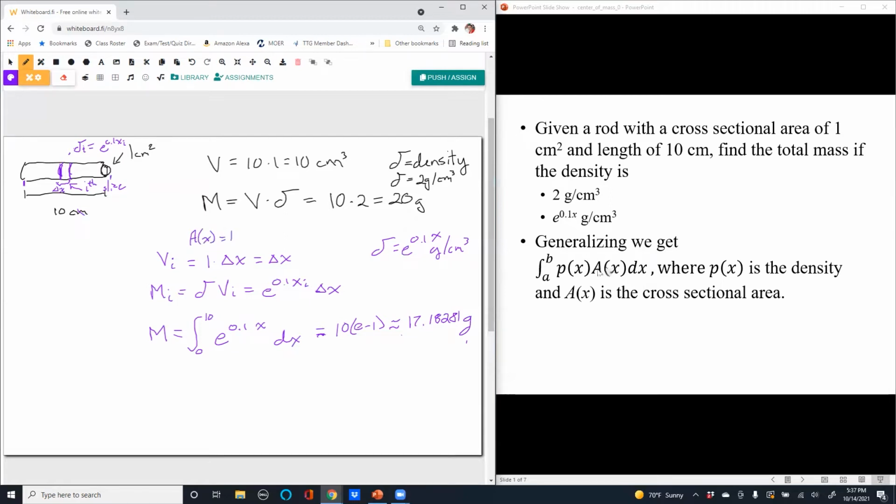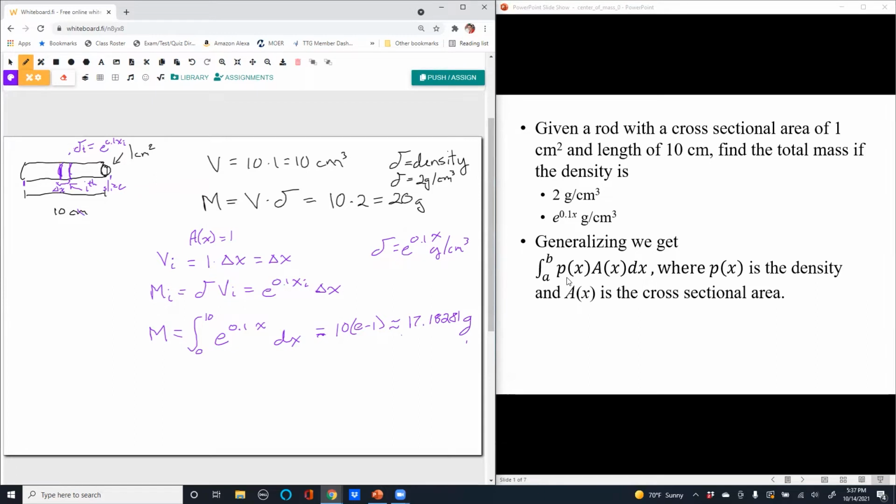That won't always be the case. We'll look at one where it's not the case here in a little bit. And rho of x is the density. So that's that multiplicative structure that I'm talking about. The density times cross-sectional area times one of the dimensions. So this is basically giving us a volume, A of x dx, and then we're multiplying it by density to get a mass.